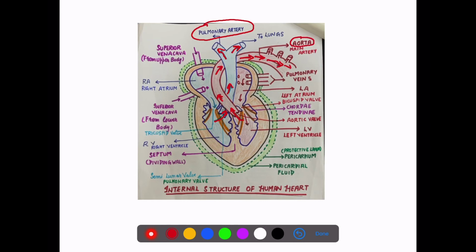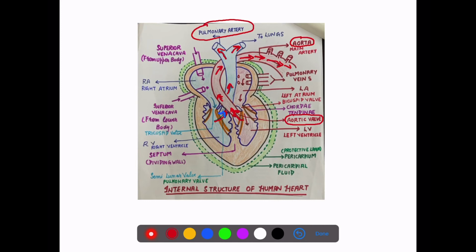One more time, let's quickly recall, but first let me tell you that there are also valves, right? Here we have to make valves on this side, and let's make it with red. So here on the left side, the valve between the left ventricle and aorta is your aortic valve.